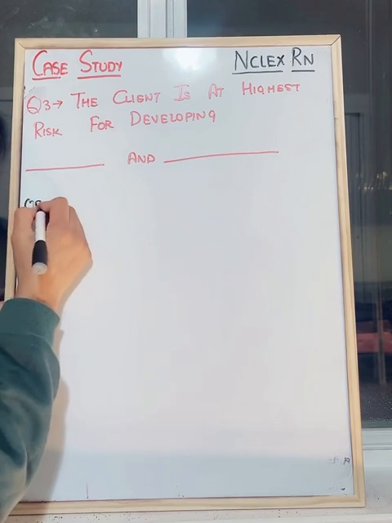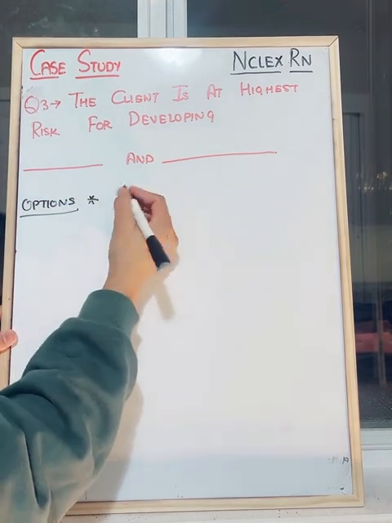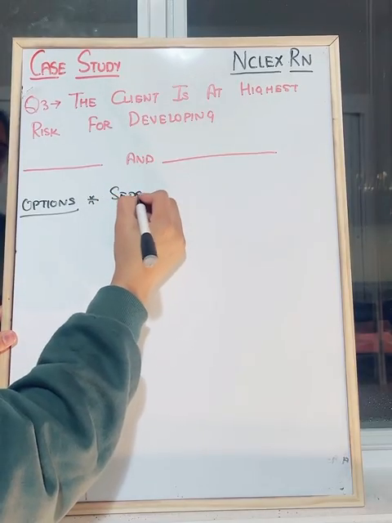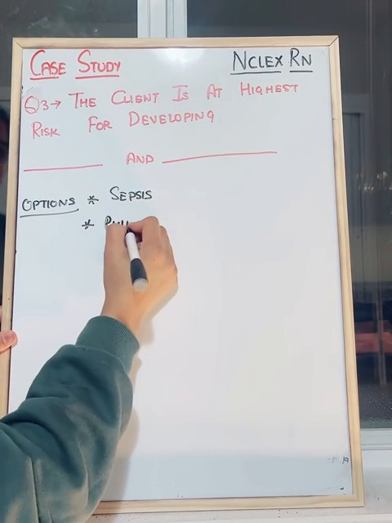So options: number 1, sepsis. Number 2, pulmonary embolism.